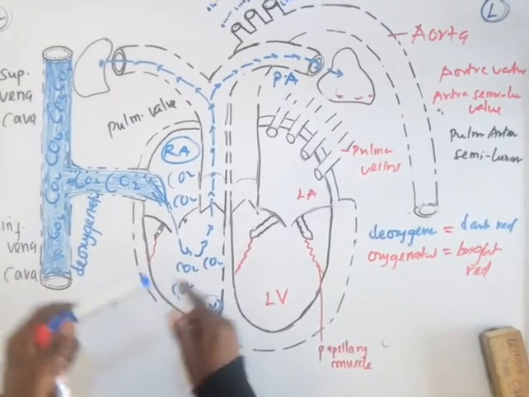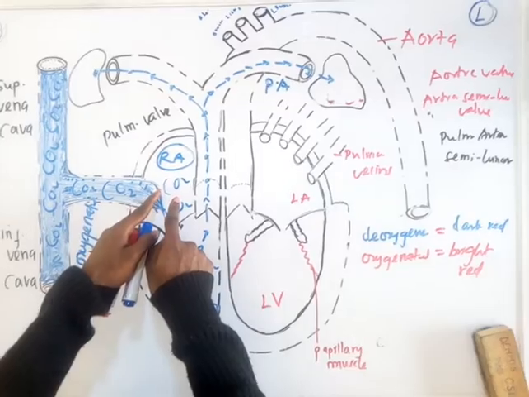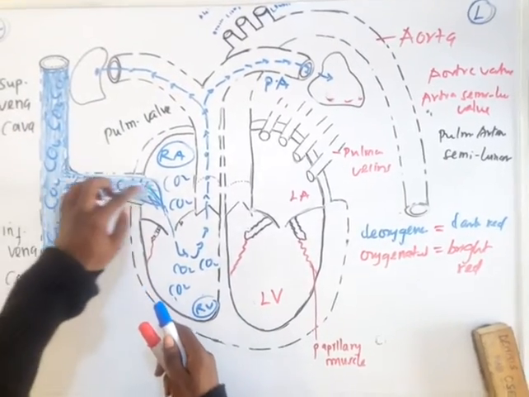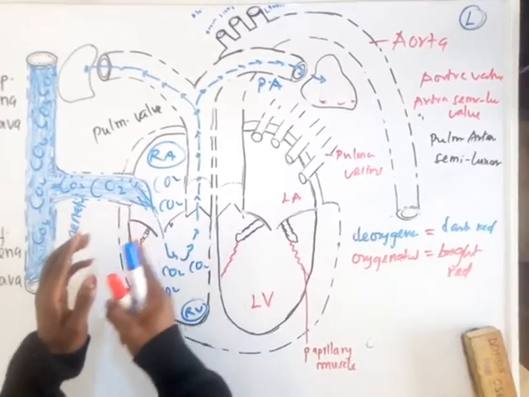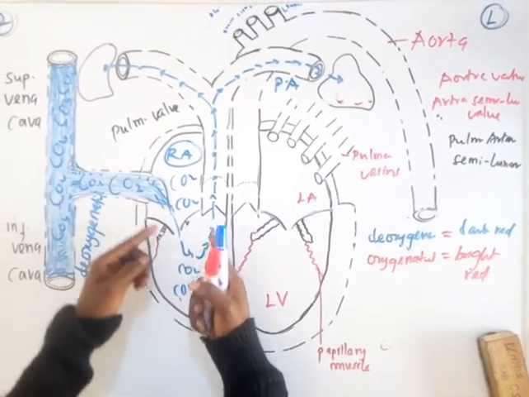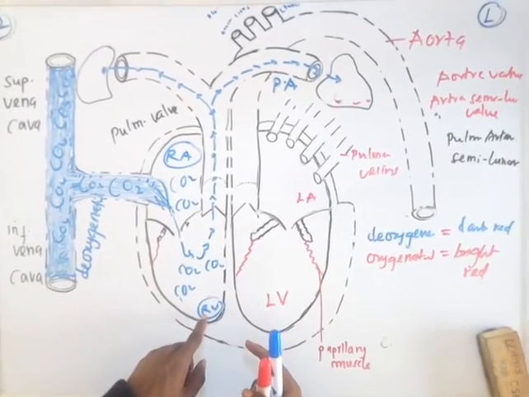Are you okay? Now, this deoxygenated blood will pass through the right atrium with the help of the superior and inferior vena cava, which empty into the right atrium. Now, the tricuspid valve on the right side, or the right atrioventricular valve, opens into the right ventricle.